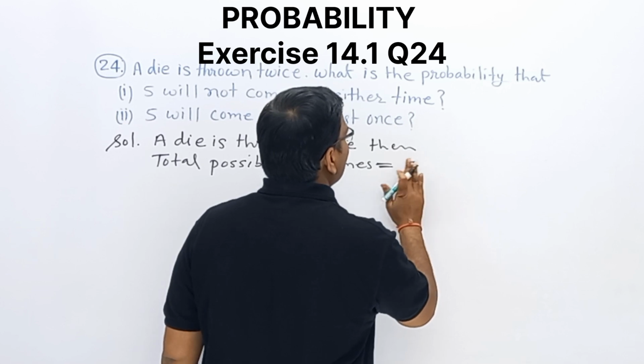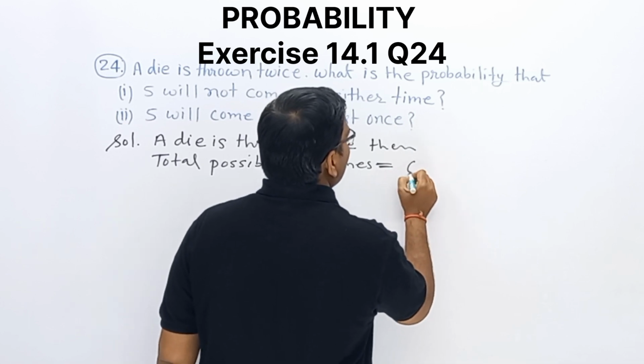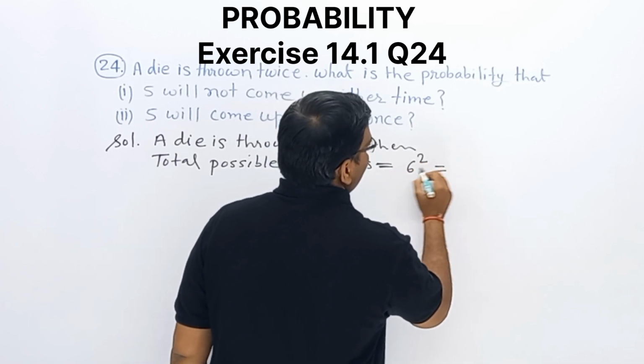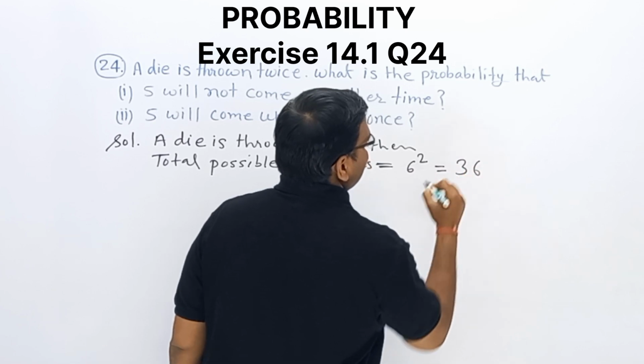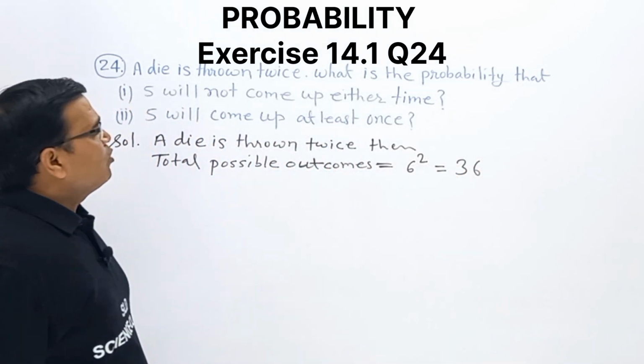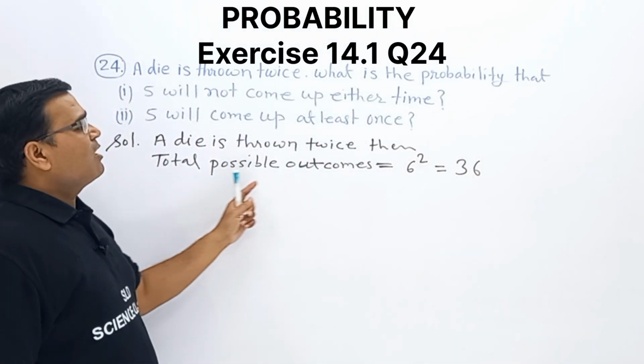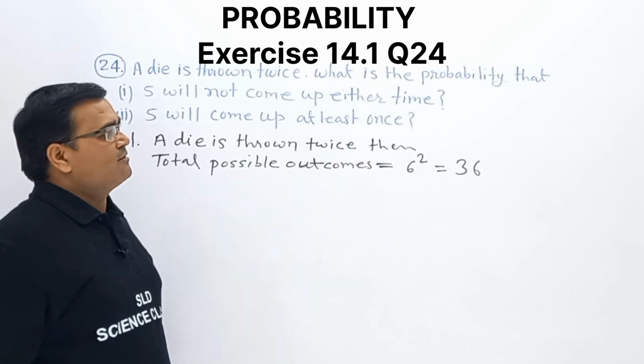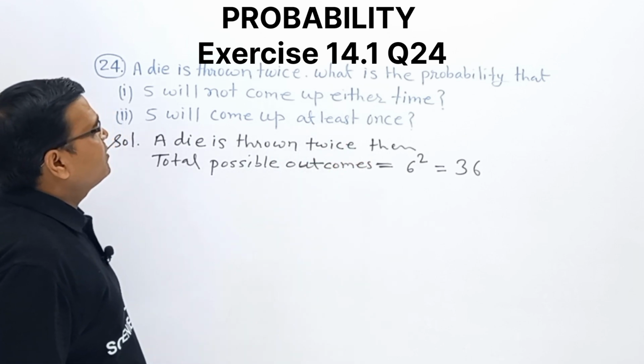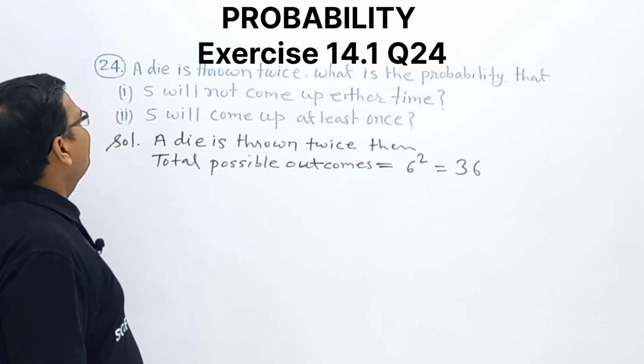Total possible outcomes will be 6 square, and 6 into 6 will be 36. A die is thrown twice, then total possible outcomes will be 36.